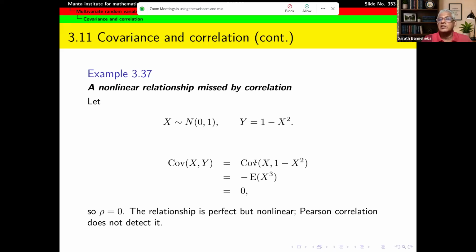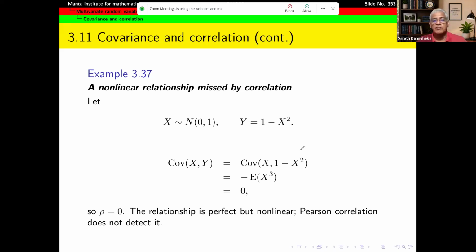We can directly apply the definition, right? So the definition for the covariance is equal to expected value of the product of the two terms minus the product of the expected values. So that is equal to the expected value of the product of these two. So let me write down. I made a small mistake there.